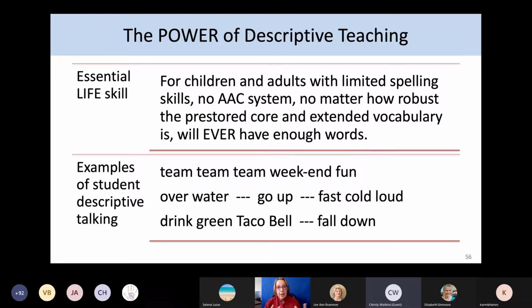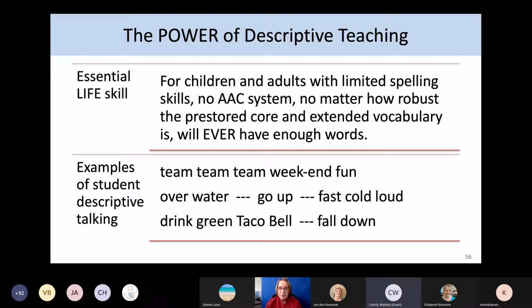But when you're not a speller or you have very limited spelling skills, you are always dependent on getting those words pre-stored into your device, and you're never going to have enough of them. You just never are. No adult that I work with has every possible word in there that they need. And if they didn't become spellers, they have become strategic descriptive talkers.